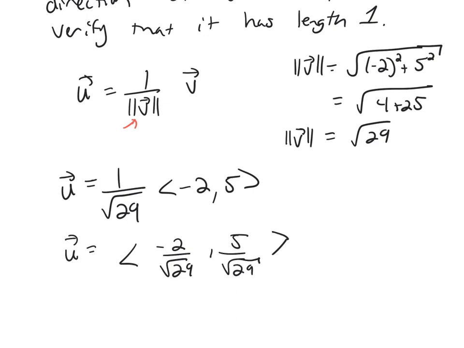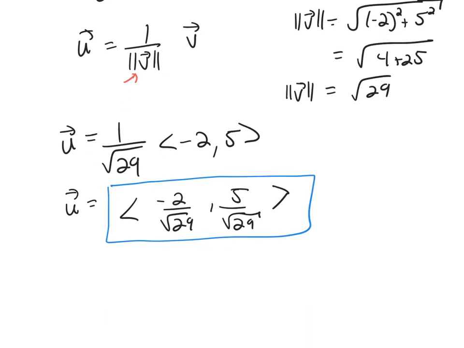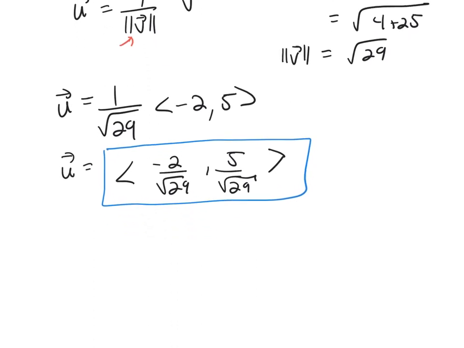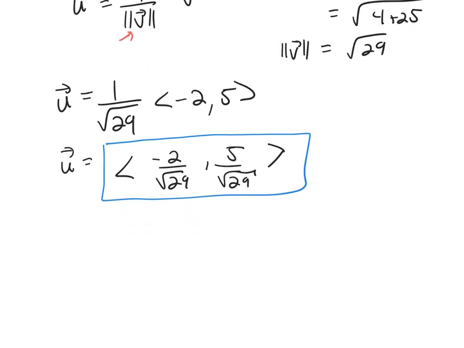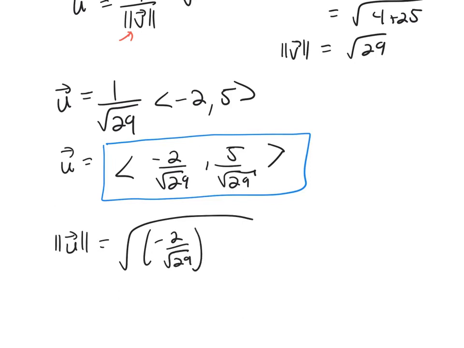Now the problem did want me to verify that this is a unit vector. So the way we verify it is by checking the length of this vector, and remember the length needs to be 1. So if I compute the length of this vector u, it's the square root of the first entry squared plus the second entry squared.